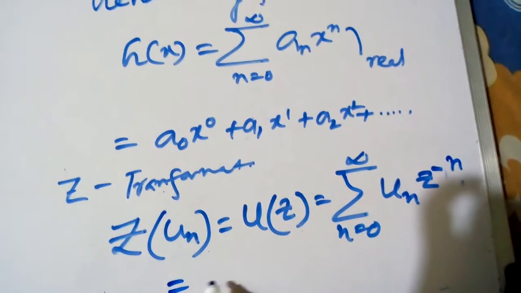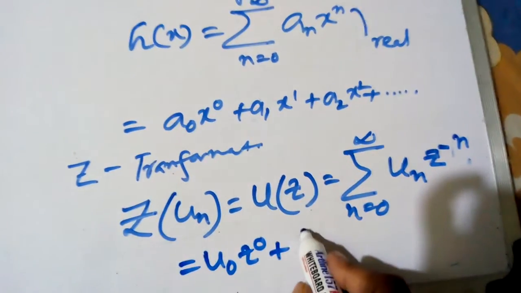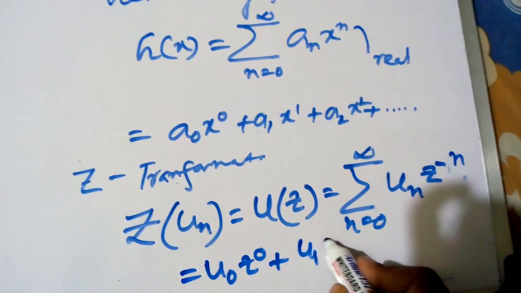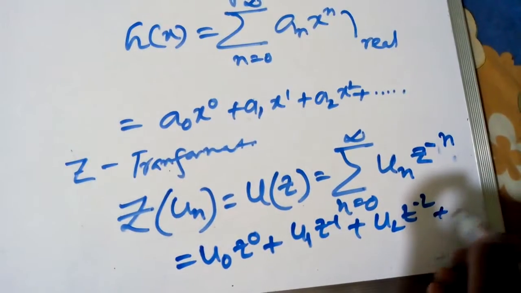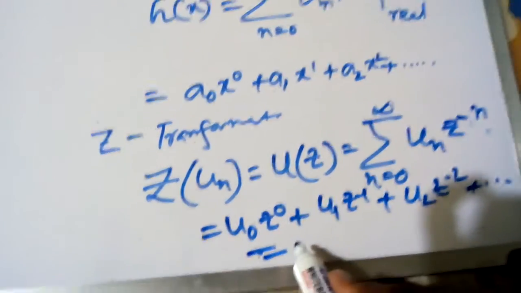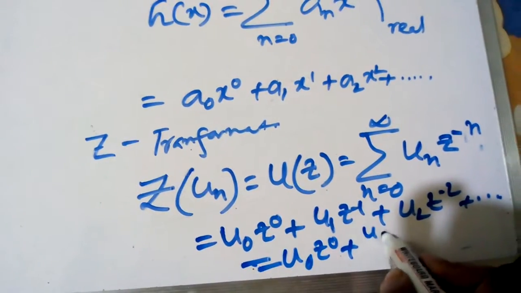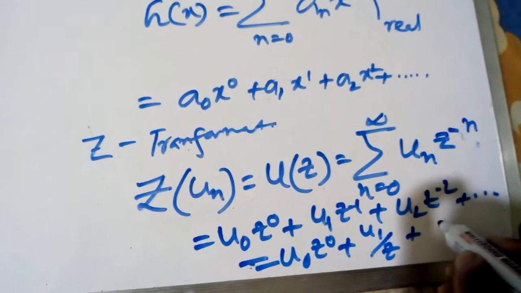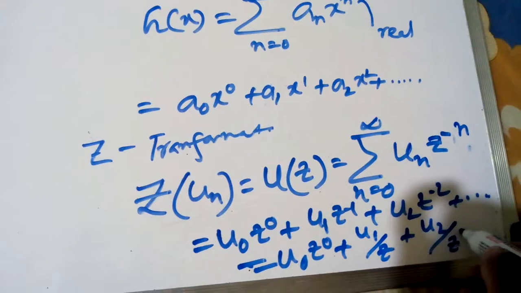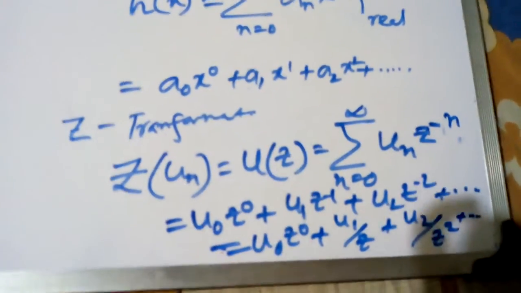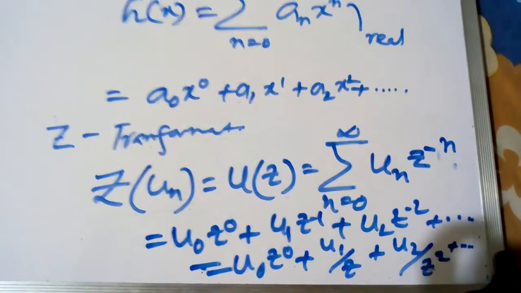Then expanding the series, we get u0 z^0 plus u1 z^(-1) plus u2 z^(-2) plus and so on. That means u0 z^0 plus u1/z plus u2/z^2 plus and so on. This is the basic formula of Z transformation.